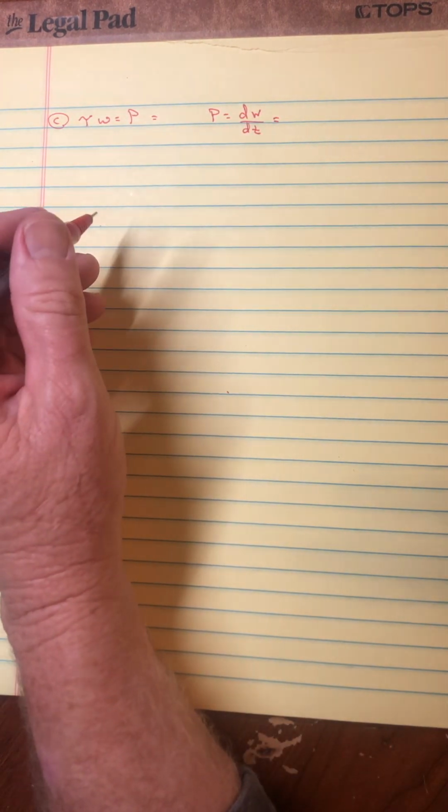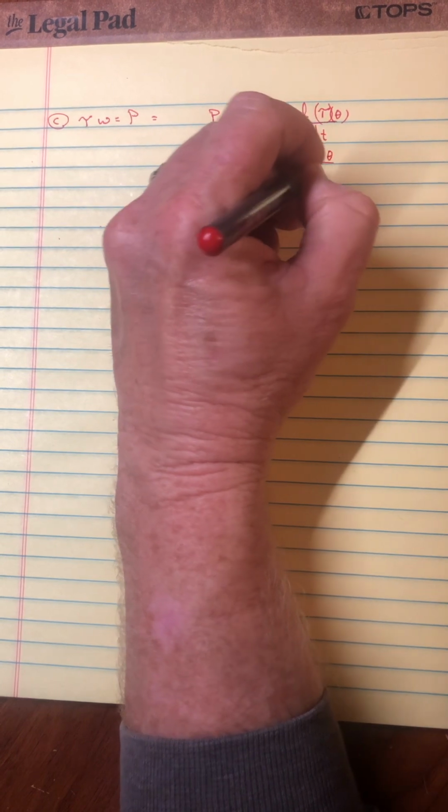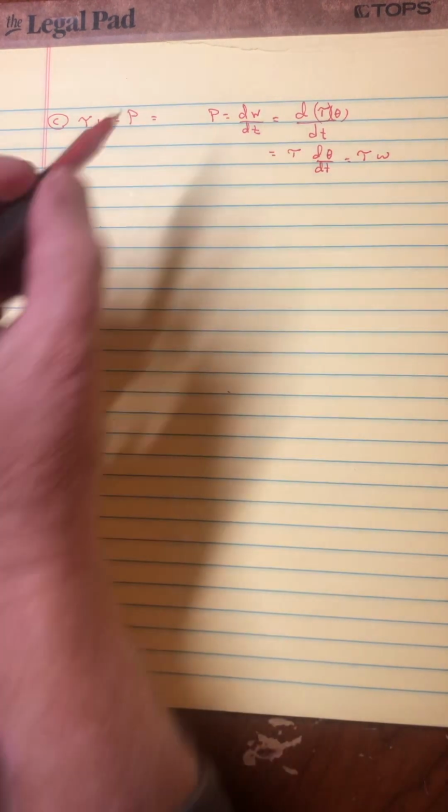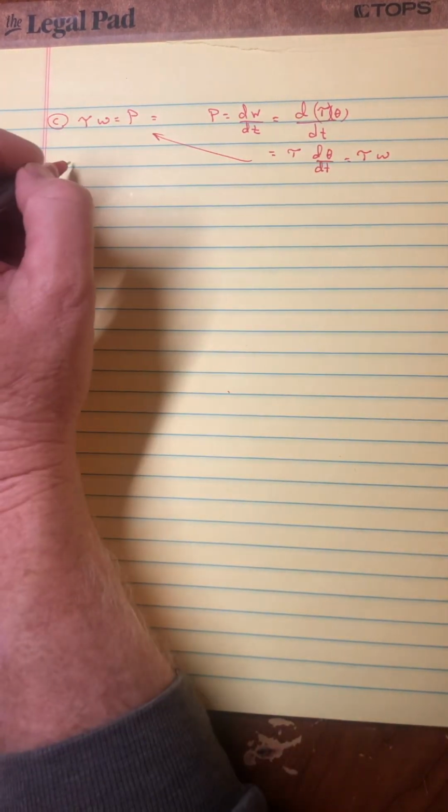Work could be thought of as a force times a distance, but in terms of angular stuff, torque and an angle is the best way to kind of think of it. And then when you take its derivative, you get torque, and then how the angle changes with time, which is its angular speed. So that's where that came from.